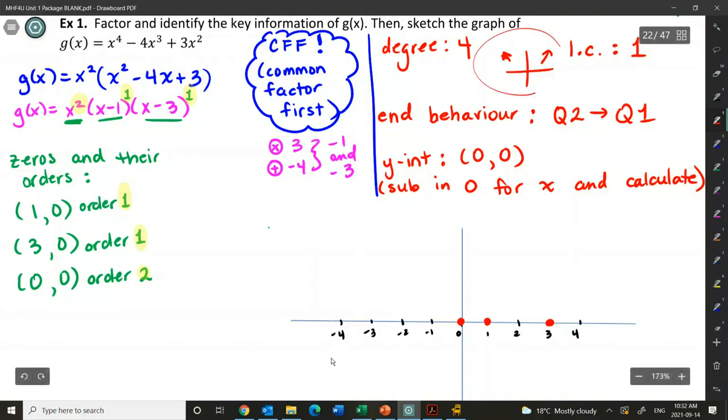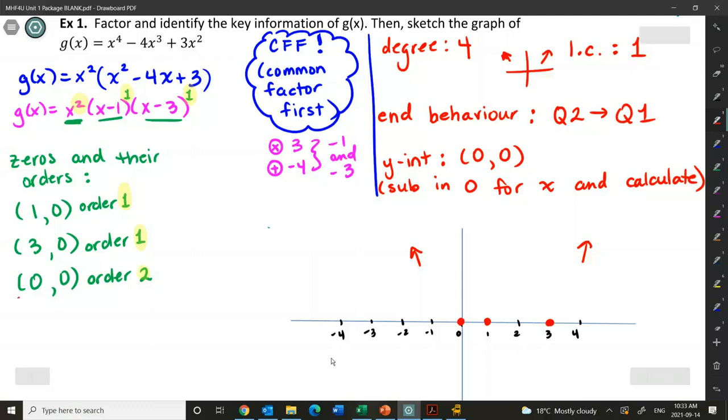I'm going to make a little suggestion as to where my ends will start and finish here. So I think I will start somewhere here and end somewhere here. If I need to adjust them once I get to the sketch, then I can. But I know that this has to happen because of my end behavior here. And then we're going to start sketching. Okay, so I have to use a little bit of intuition and common sense here as I sketch.